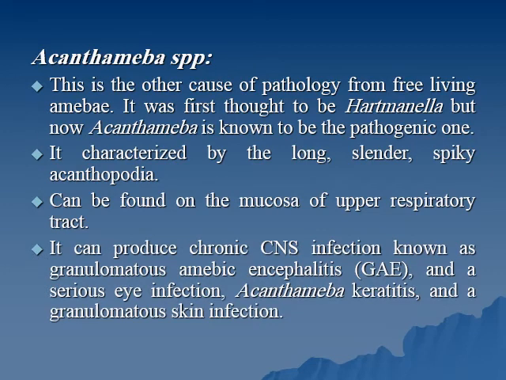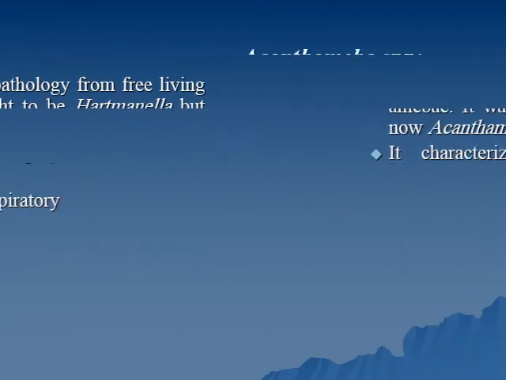It can produce chronic CNS infection known as granulomatous amoebic encephalitis or GAE, and a serious eye infection which is Acanthamoeba keratitis and a granulomatous skin infection. This occurs near the bed source.